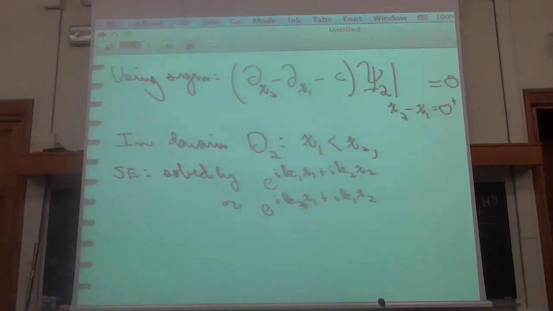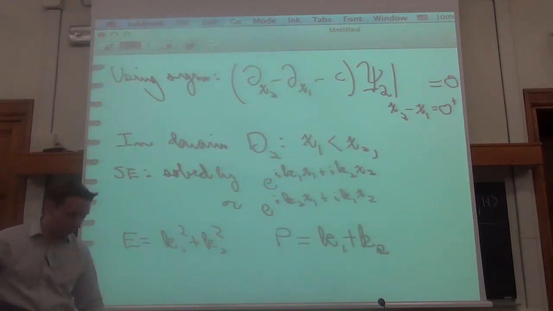These are two equivalent ways of doing it, and the easiest is this way. With this form, the energy is k1 squared plus k2 squared, and the total momentum is k1 plus k2.